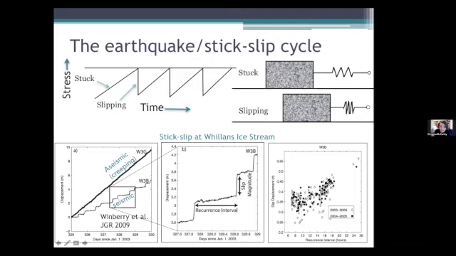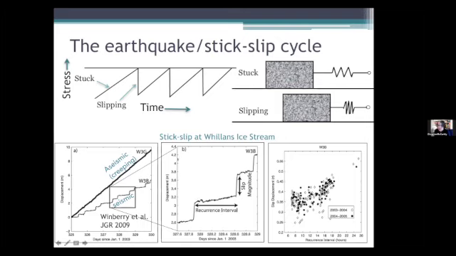And what that looks like in our experiments is stress, which is proportional to friction, would steadily increase and then plummet, and then steadily increase and then plummet with time. And what that might look like in nature, if we're looking at position instead, you would see that for some amount of time the position would be relatively constant, and then it would lurch forward, be stuck for a while and then lurch forward.